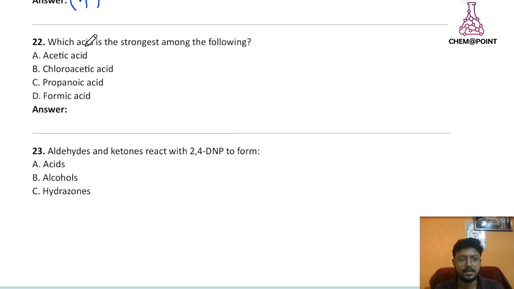Question number 22. Which acid is the strongest among the following?